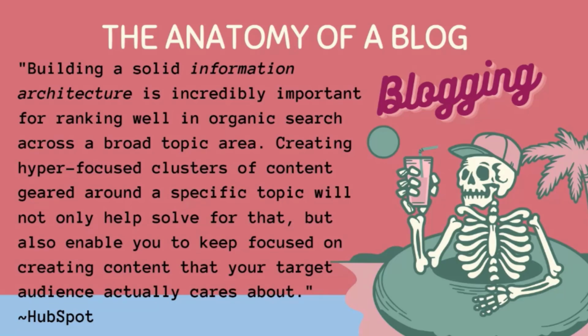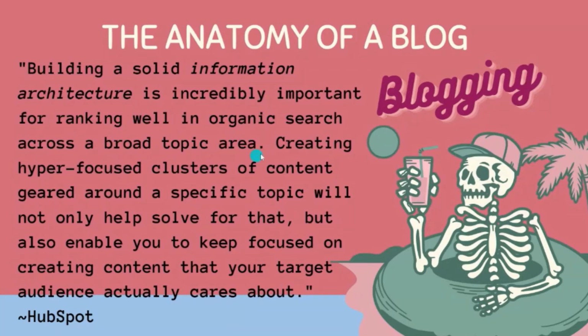And when they put it that way, wow, that's scientific and makes sense, and makes you understand that it's information architecture. So of course there's a framework, of course there's a way to develop it out in a way that makes sense. And they say that the important thing here is to get organic search across a broad topic area.